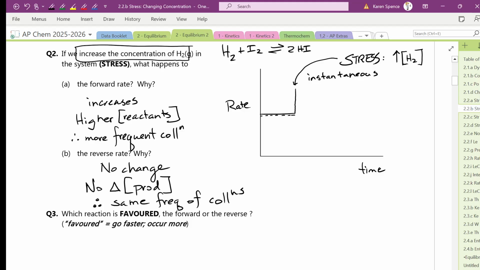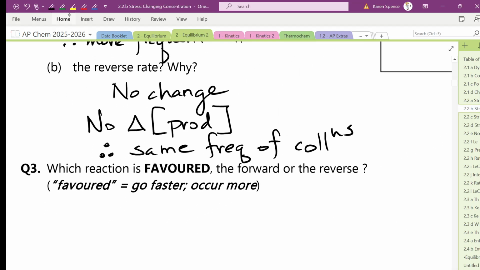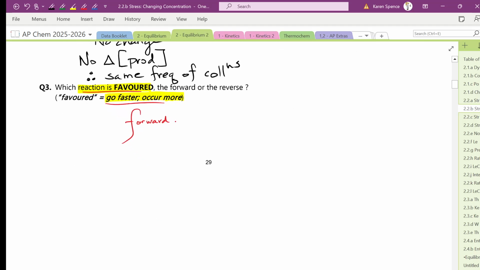And when we use it that way, we mean which reaction is happening more, which one is happening faster. So when we're using it in terms of the reaction that is favored, that means which reaction is happening more or going faster. Which reaction is favored, forward or reverse? Forward. Excellent, let's keep going.